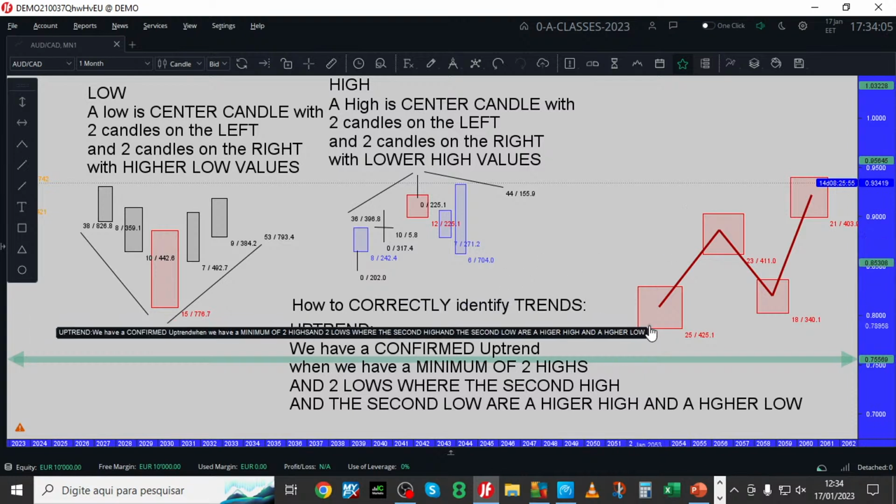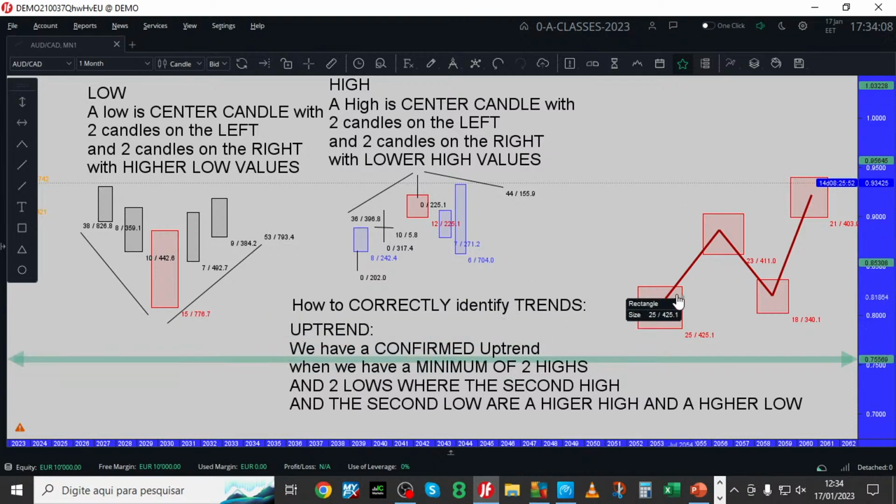We have a confirmed uptrend when we have a minimum of 2 highs, right? So this would be a low, center candle, 2 candles on the left. You have a low in here, then you have a high in here, center candle, 2 candles on the left. Take a screenshot, take a picture with your cell phone, whatever, everybody, print it out.